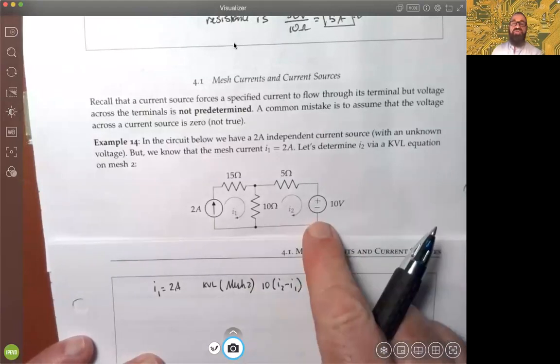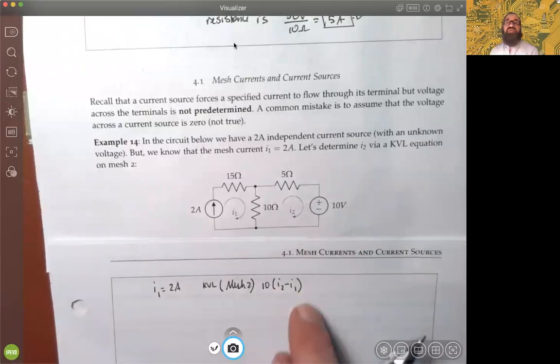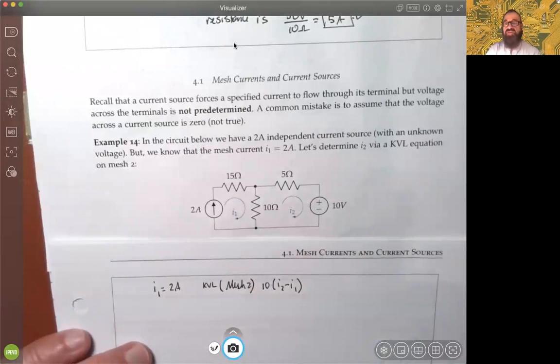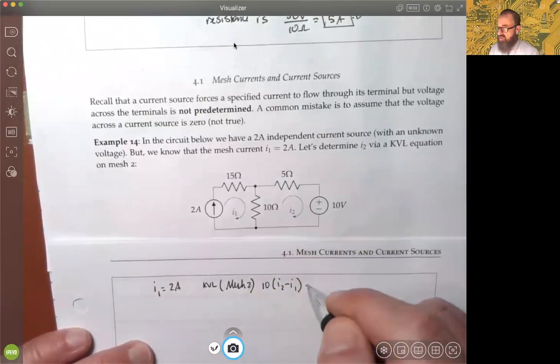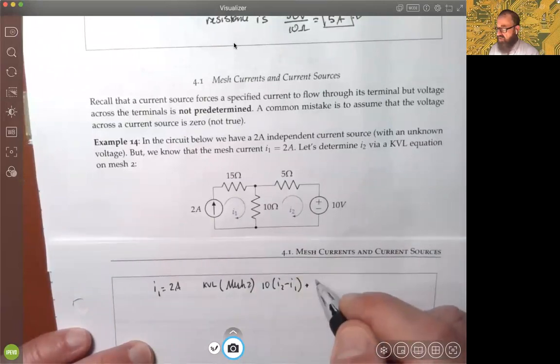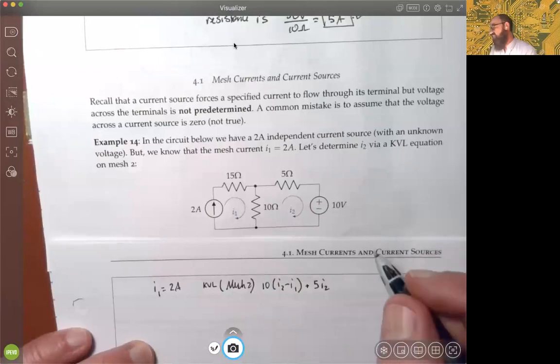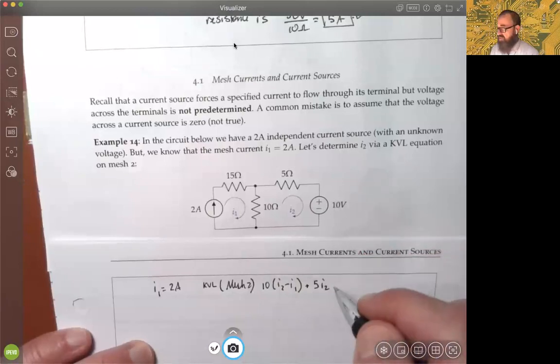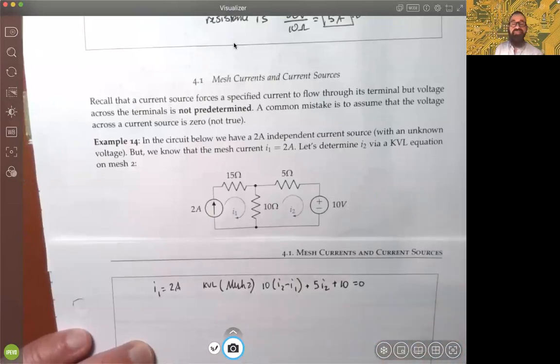Because we are in mesh 2, it'll always be that subscript minus the external current from some other mesh. Then, looking at the other resistances in that part of the circuit, you would have 5 ohms times the mesh current I2, and then you're coming into the positive polarity of the 10-volt source, that's plus 10, and that has to be equal to 0.